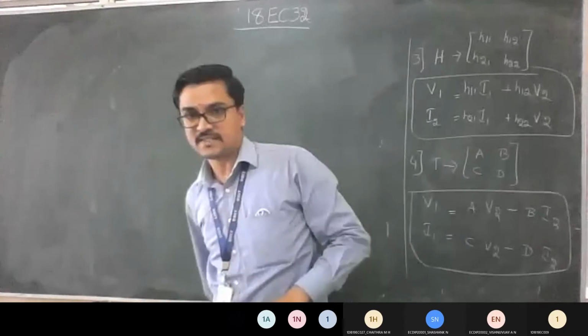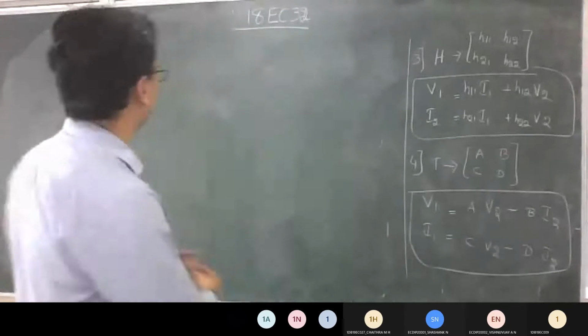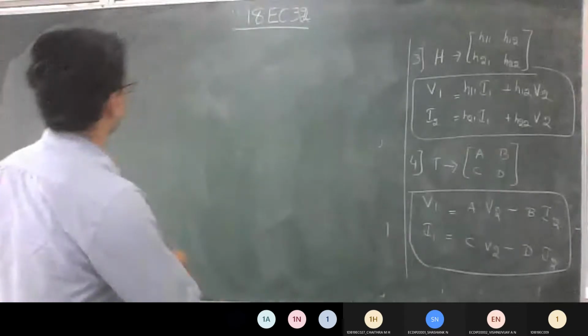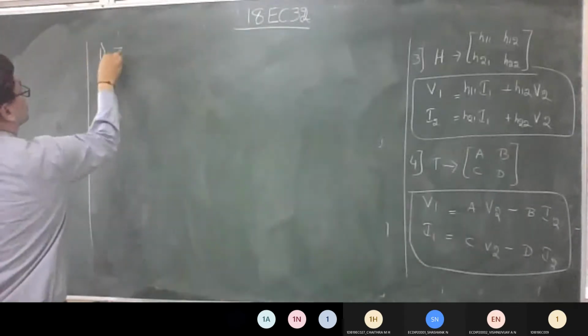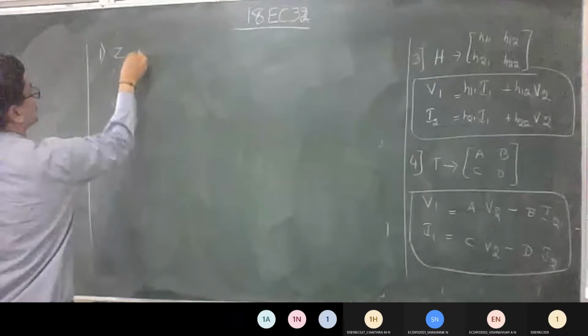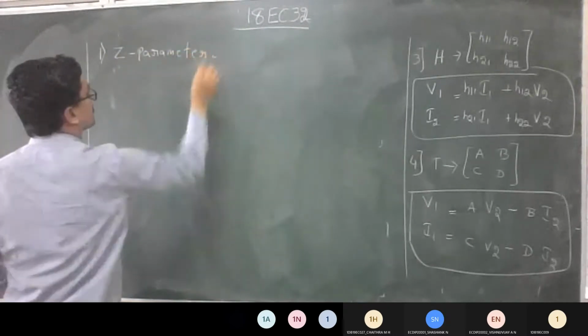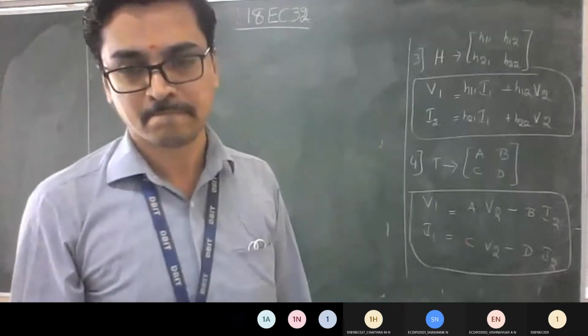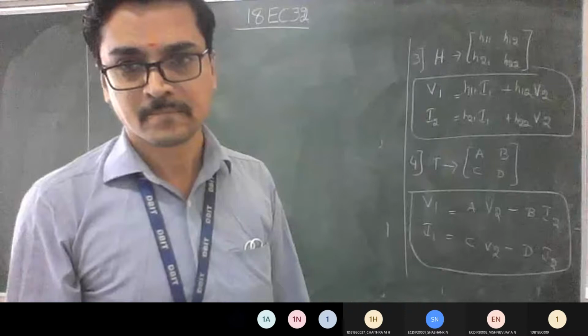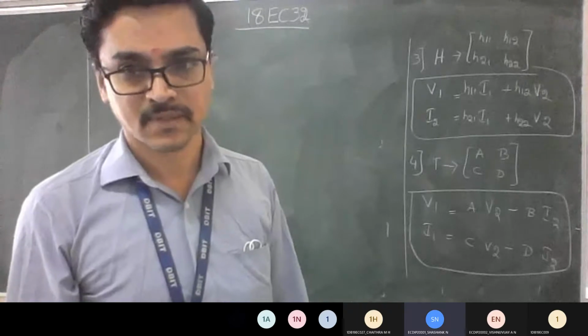Now we can take the first, the Z parameter. What is the other name for the Z parameter? Impedance parameter. Good.